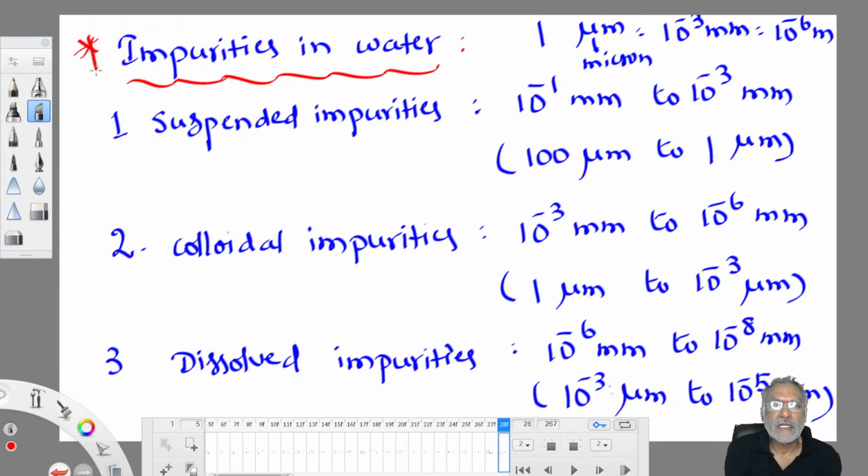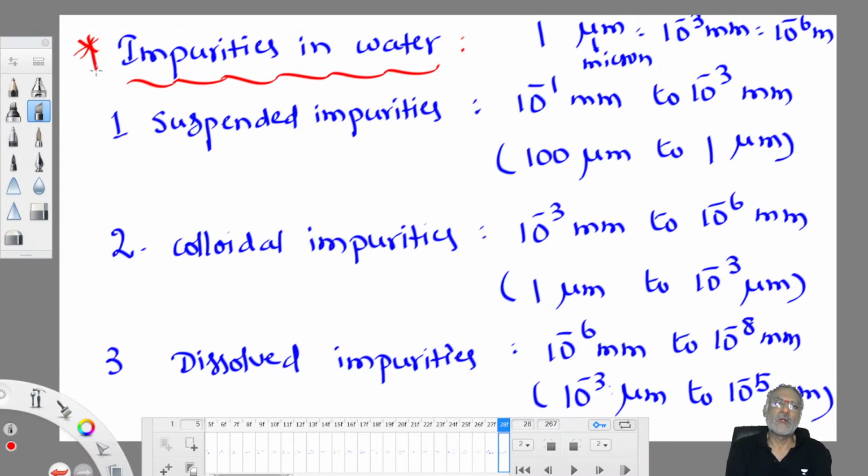These impurities are present in physical form, chemical form and biological form. Suspended impurities are present physically. Colloidal impurities and dissolved impurities are present in chemical form. Biological and chemical impurities are present in colloidal form and dissolved form. Suspended impurities are present in physical form.